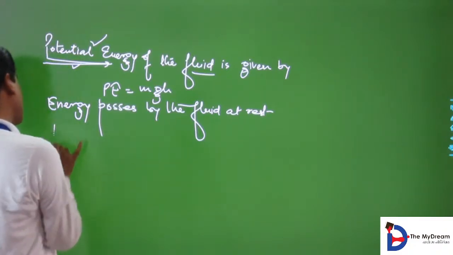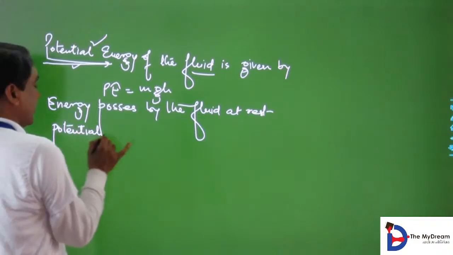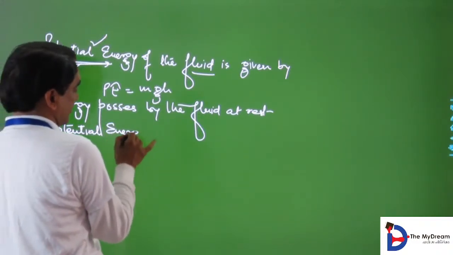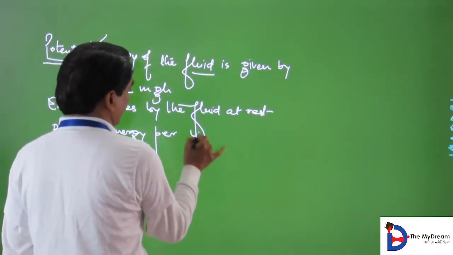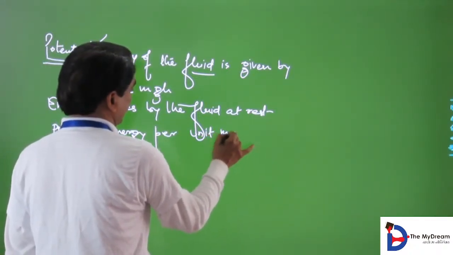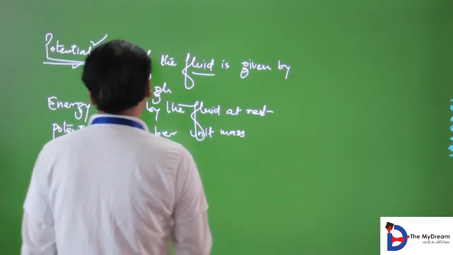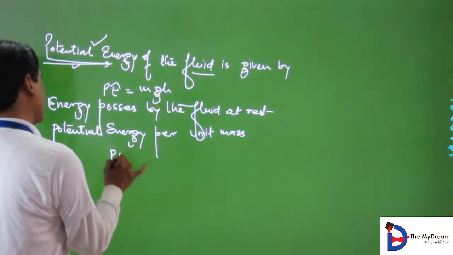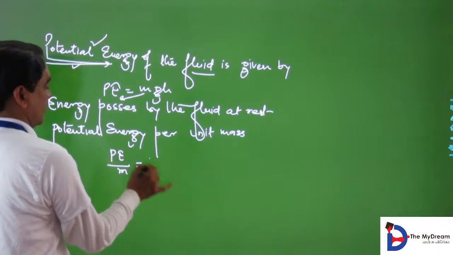The potential energy per unit mass is given by gh.